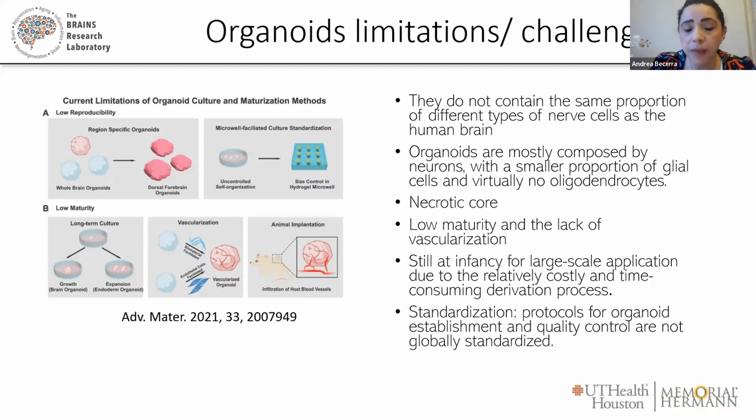That produces apoptosis inside the organoid, and we cannot control that. For that reason, the idea is to produce vascularization in the organoids, or introduce the organoid into a mouse model, and the mouse is able to provide this vascular system to the organoid. These are named chimeric animals.